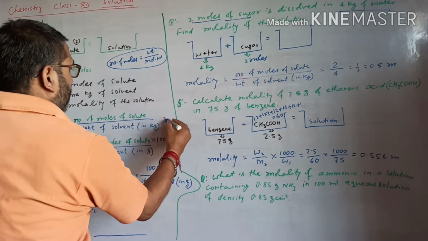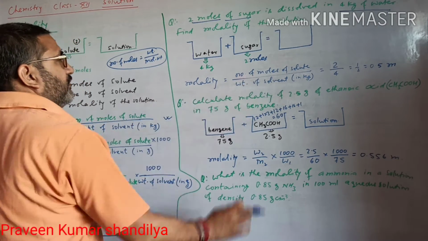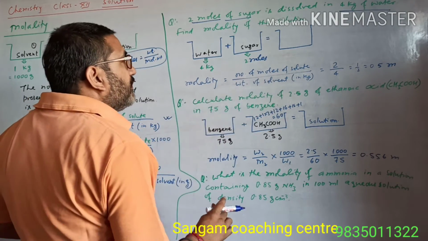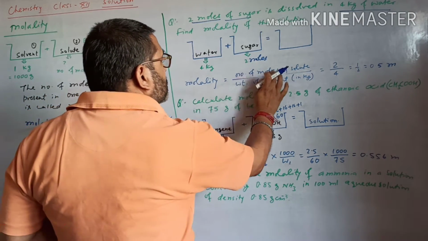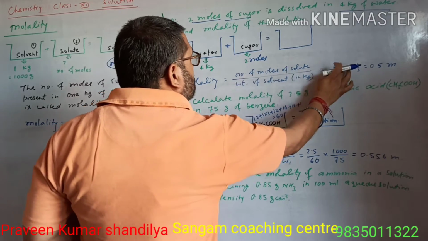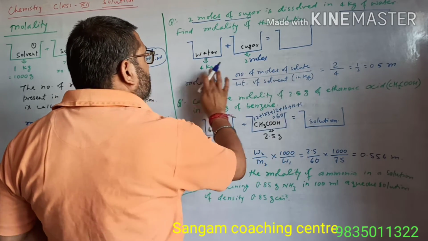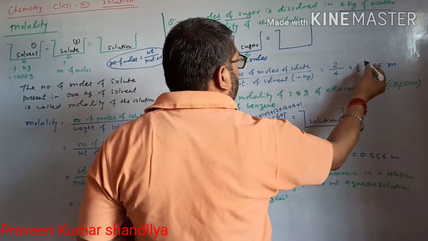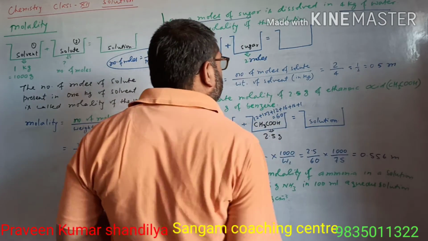So we apply this formula here. Number of moles is 2 moles and weight of solvent in kg is 4 kg. So it can be solved easily: 2 by 4, 0.5.